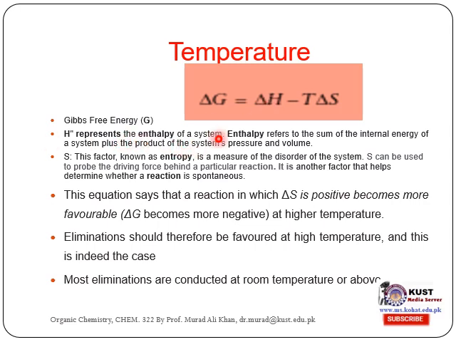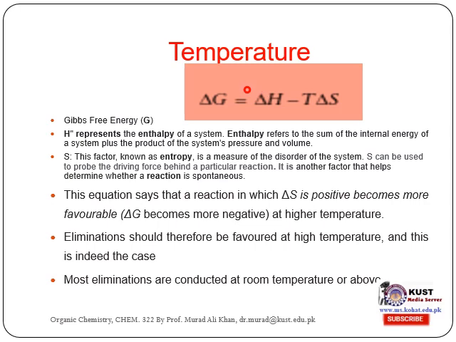Enthalpy refers to the sum of the internal energy of a system plus the product of the system pressure and volume. So enthalpy is the whole energy of a system, while S is the entropy. It's a measure of the disorder of the system. S can be used to probe the driving force behind a particular reaction. It is another factor that helps determine whether a reaction is spontaneous or not.